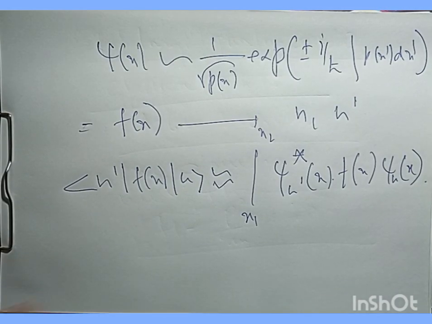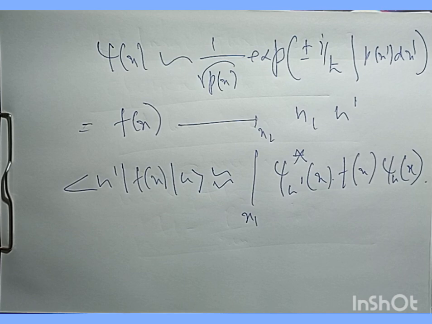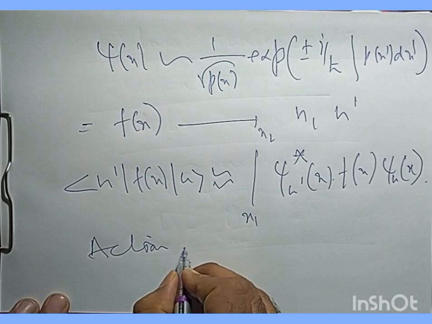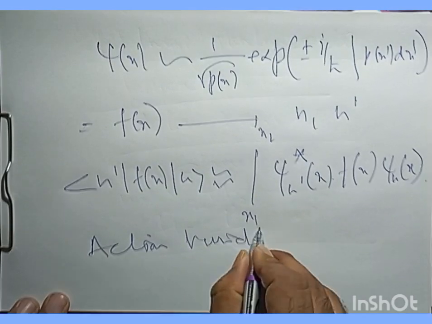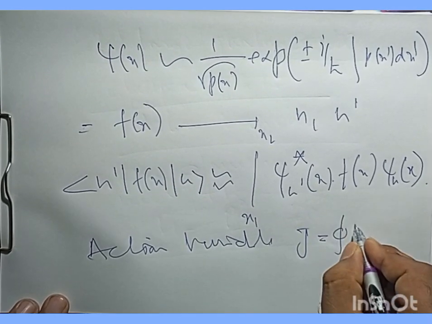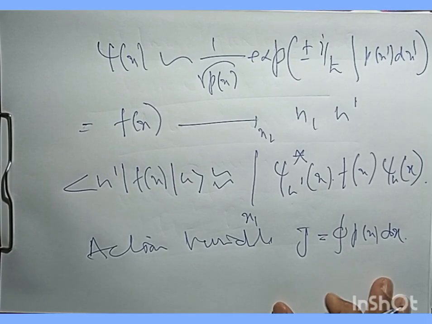Now, in many cases, this quasi-classical matrix element is better described using action variables, and we have the classical action variable j equals integral of p of x d x.